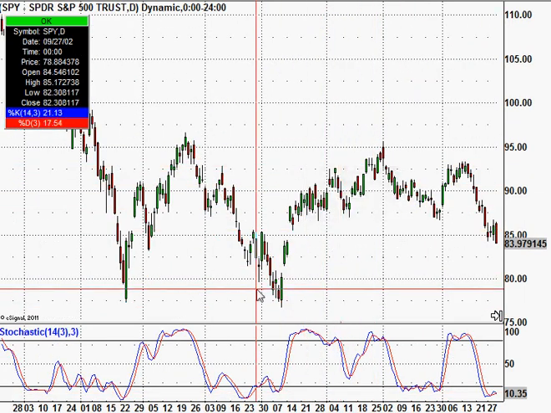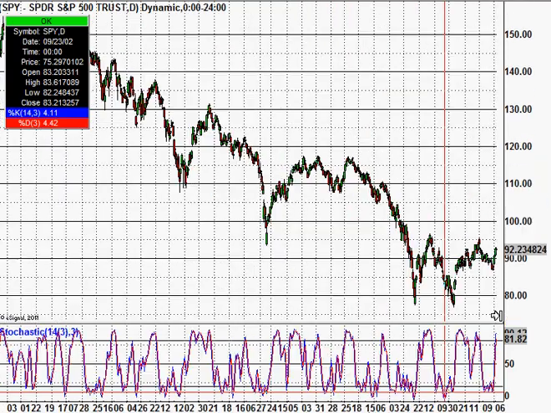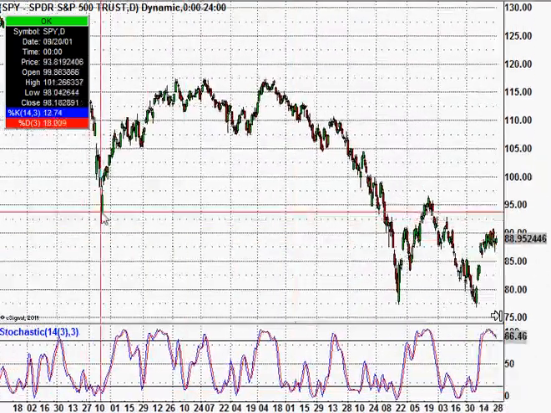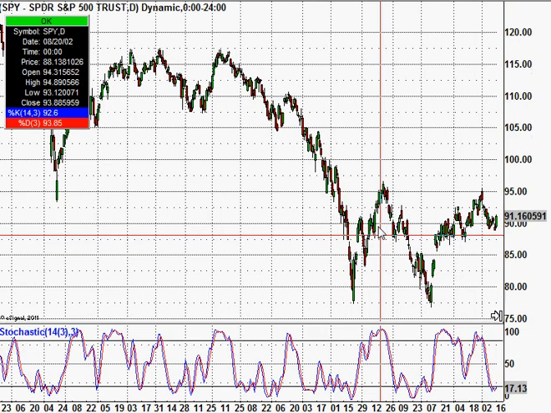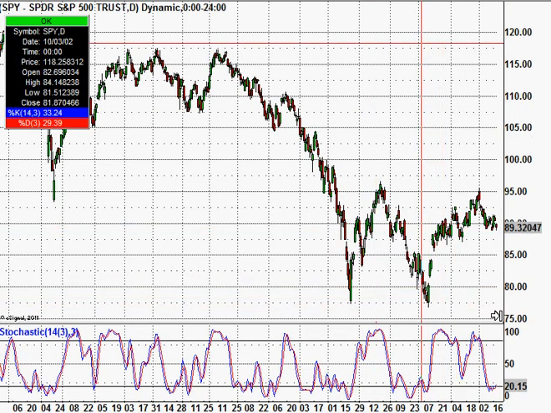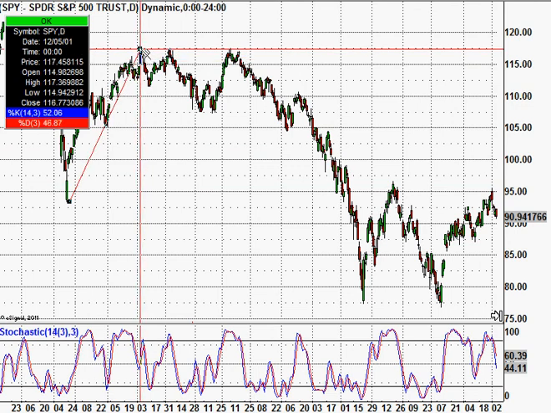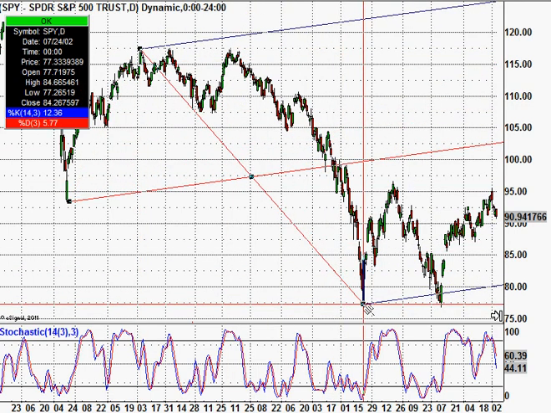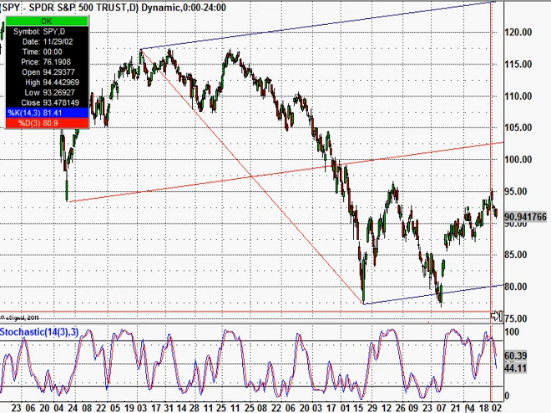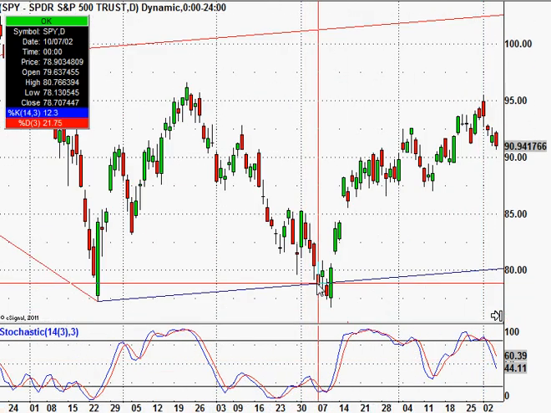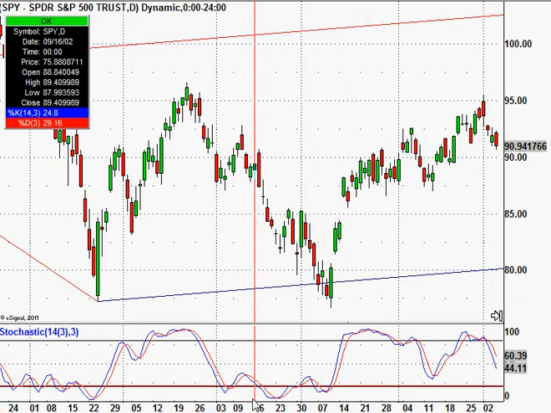However, there's a bigger one, as you can see here, with this low, this high, and this one. You can see even on this first one, you would have bought it here and made some dollars profit.